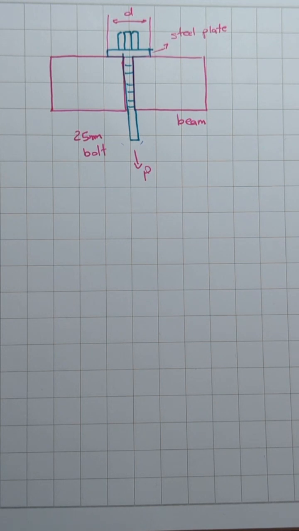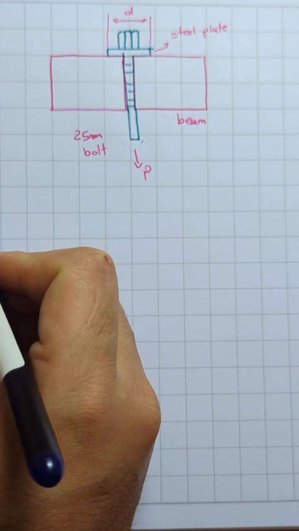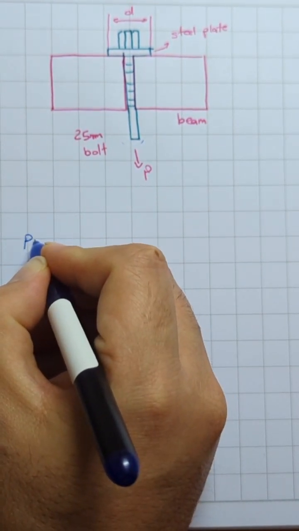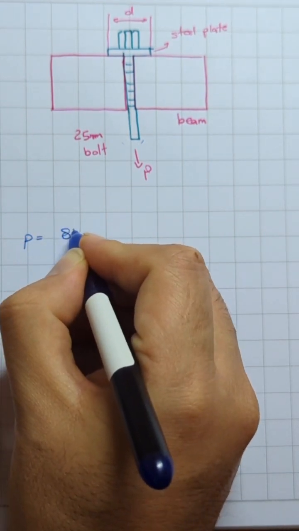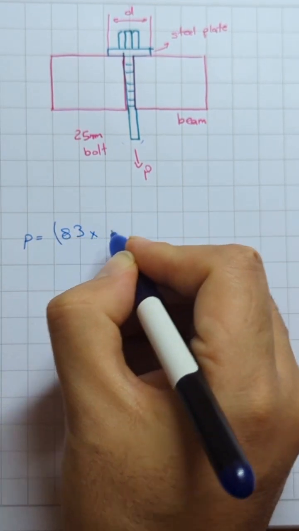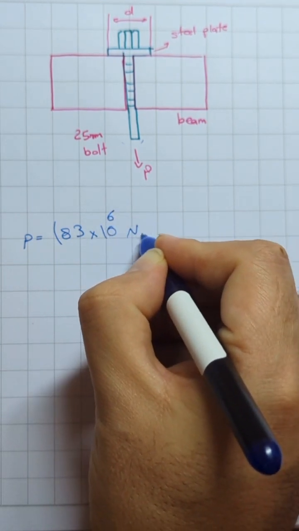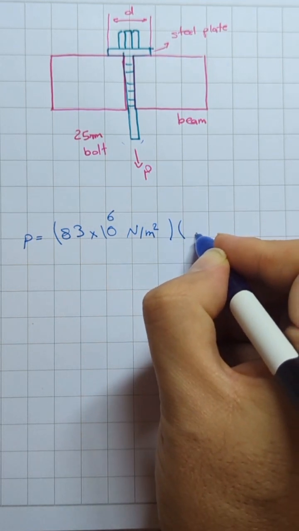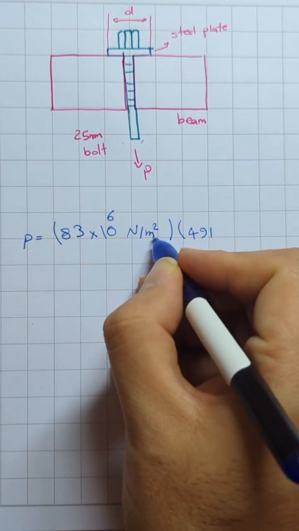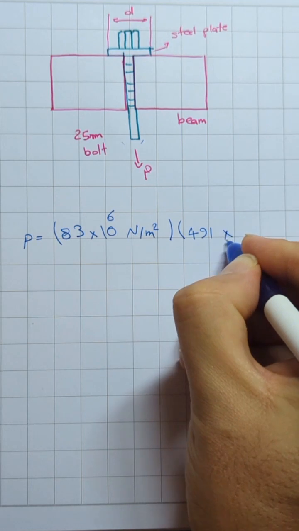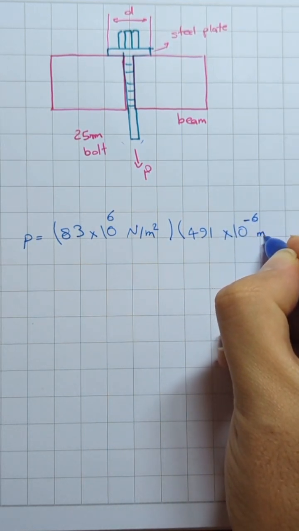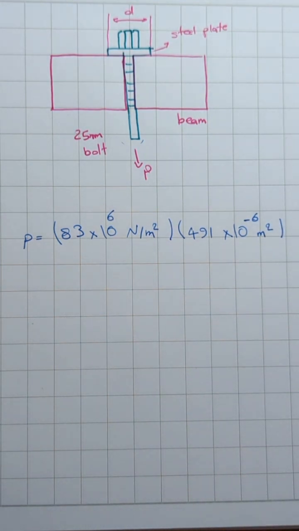All right. And what do we have from the question? It says the maximum tensile stress developed in the bolt is 83 megapascal. And as we always do, we want to convert it to Newton per meter squared. 83 megapascal, to change it to Newton per square meter, we multiply by 10 to the power of 6 Newton per square meter, and we convert the area to square meters, 10 to the minus 6.